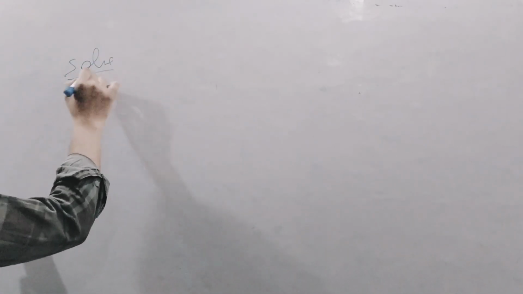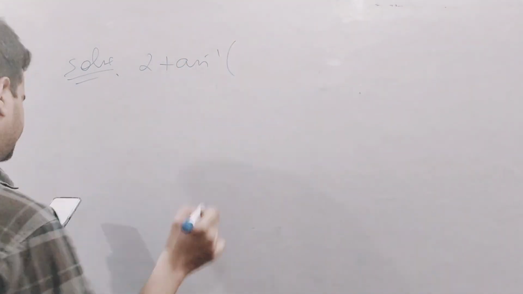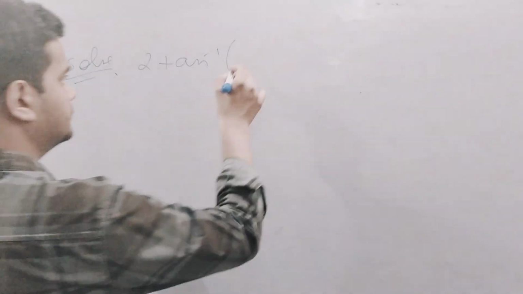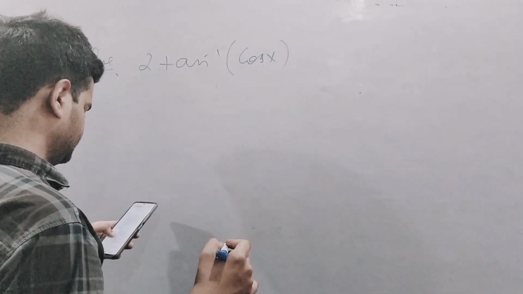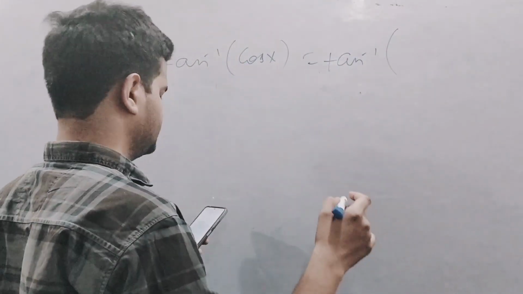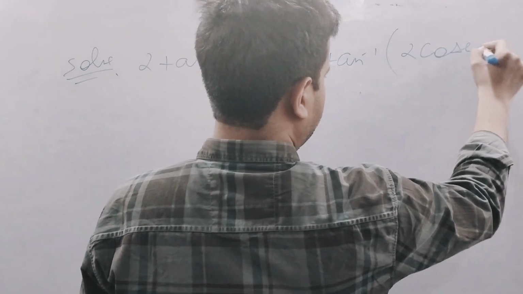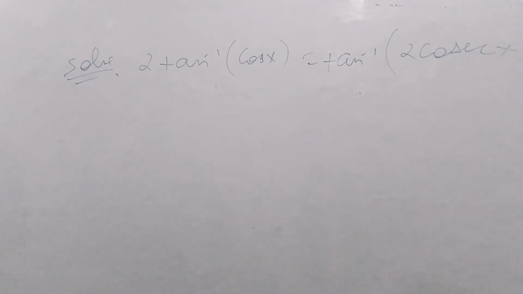The question is solve 2 tan inverse cos x is equals to tan inverse 2 cosec x. Okay, solve 2 tan inverse cos x is equals to tan inverse 2 cosec x.